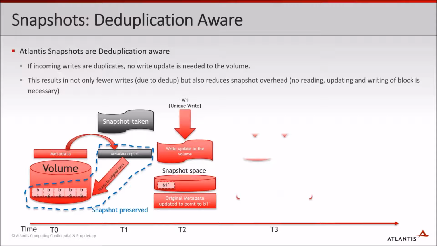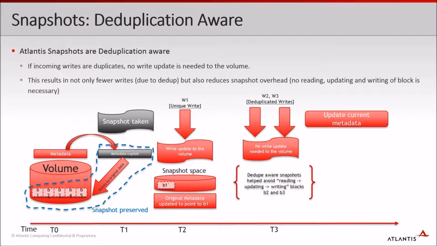Now, this is a typical redirect on write implementation. The Atlantis advantage comes because of our dedupe file system. Imagine that your hosts are doing writes, and a lot of them are duplicate writes. In our file system, we capture those duplicate writes, and because they are duplicates, we don't have to write anything to the back end.